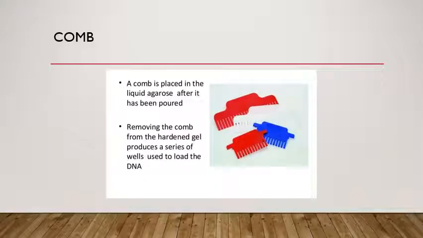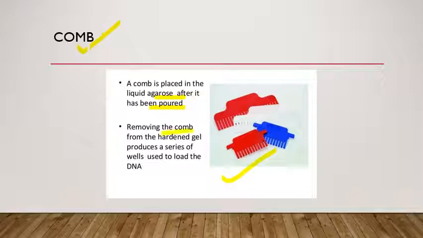Next, after the gel casting tray, a comb is required in the instrument, which is placed over the tray, and this kind of comb is there. The comb is placed in the liquid agarose after it has been poured.